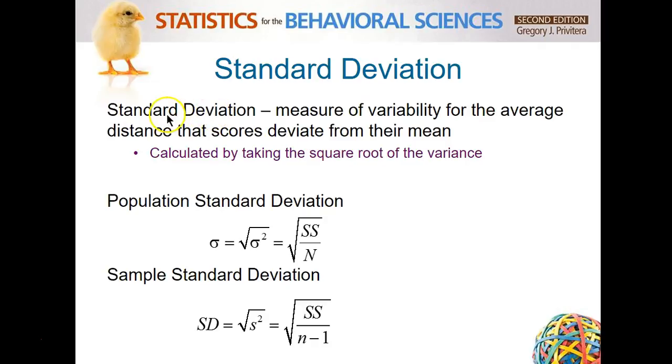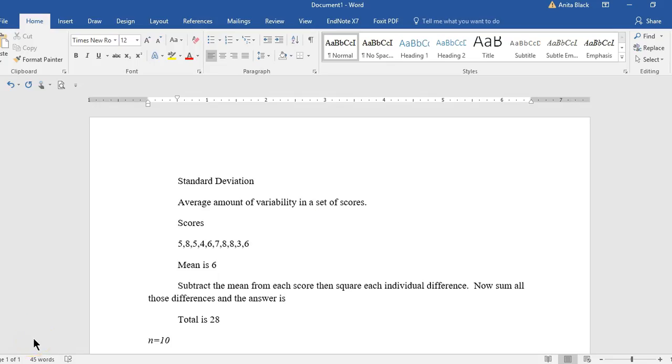So it's called the standard deviation. This is what is used to measure variability for the average distance that scores deviate from the mean. So in other words, okay, what I've done here is I have written it out in a Word document.